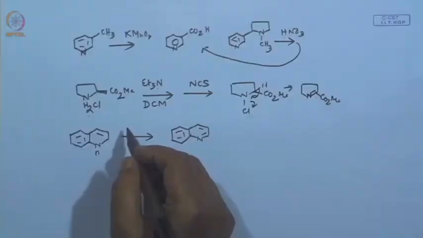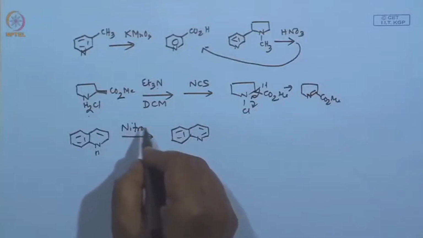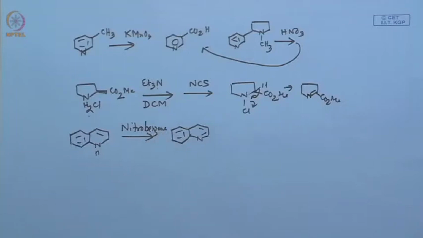But the best thing would be, if you recall a reaction you have studied in BSc, where you put nitrobenzene, not as a solvent, that is also a reagent, right.